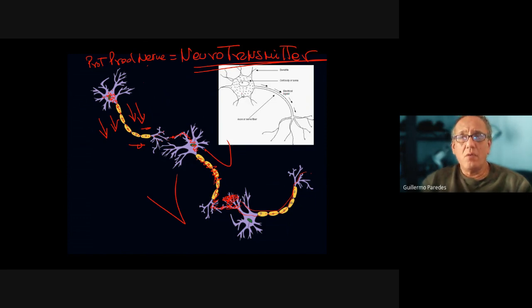Now, the question is why and how these neurotransmitters produced by the nerve cells are traveling through the axon. Why don't they stay in the same place? It's because of the electrical impulse.